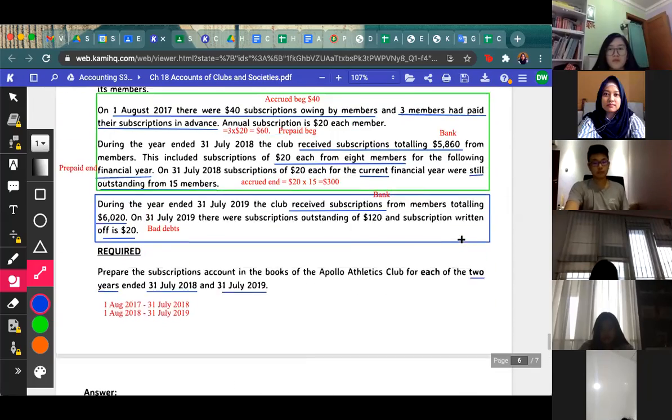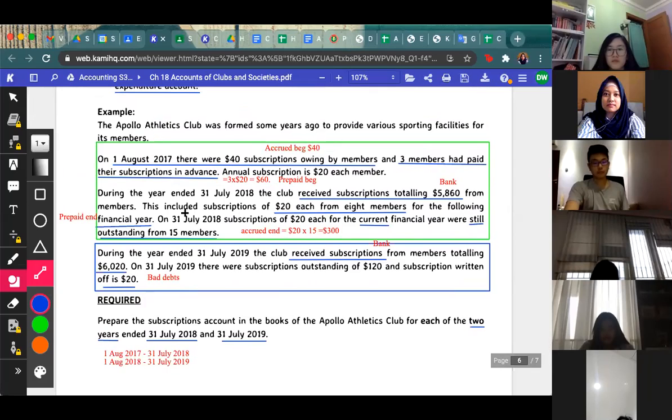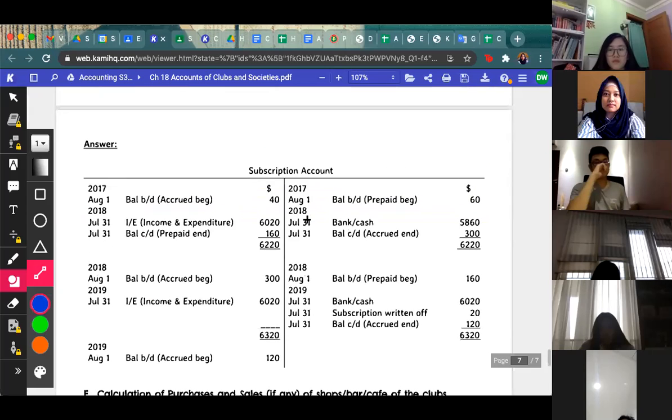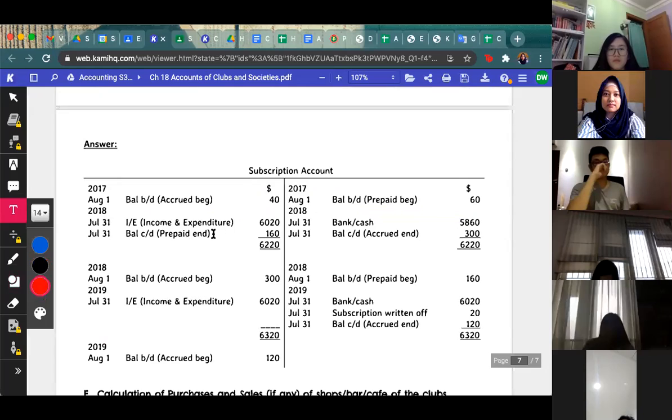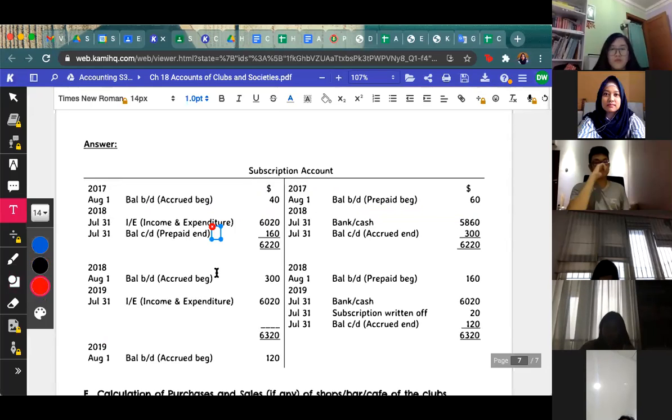And then included in the subscriptions, 20 each from 8 members. 20 times 8 is 160, at the end. It said for the following year. Following year means next year. So you have prepaid N for 160. Then you place it here. It comes from 20 times 8.